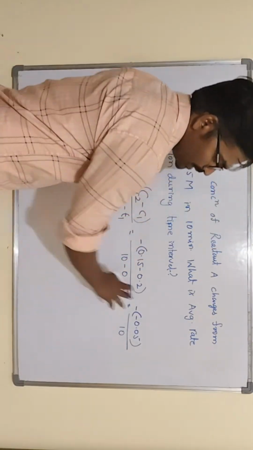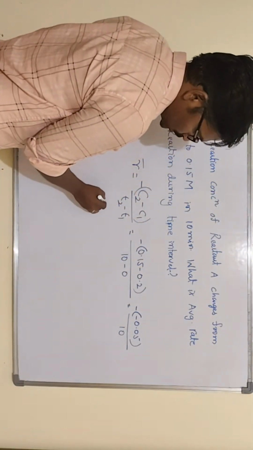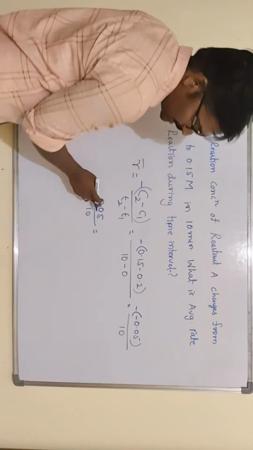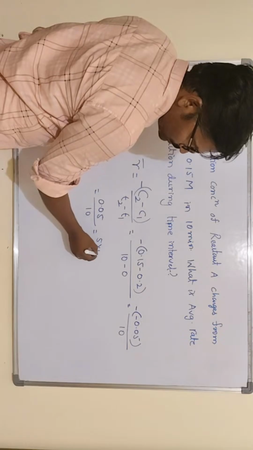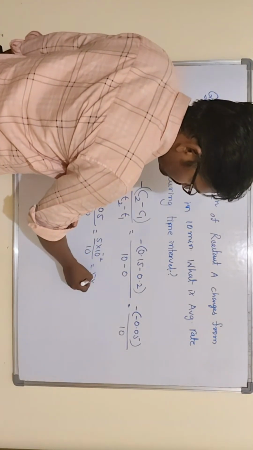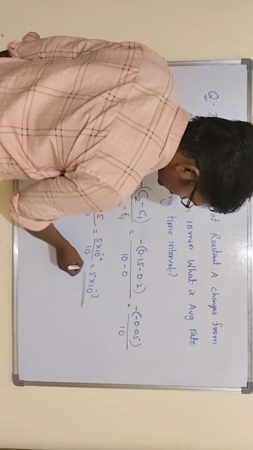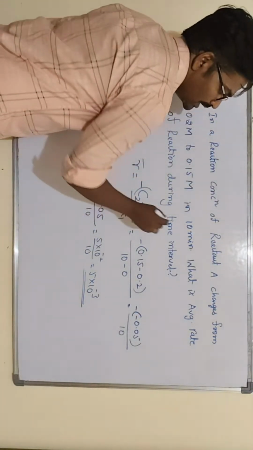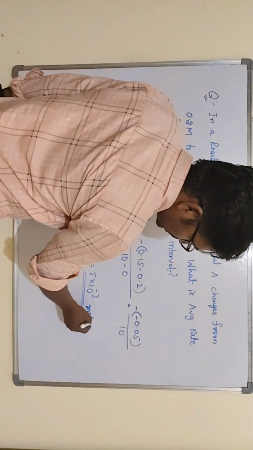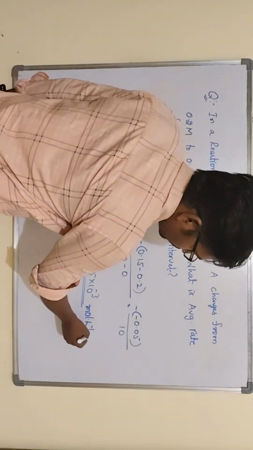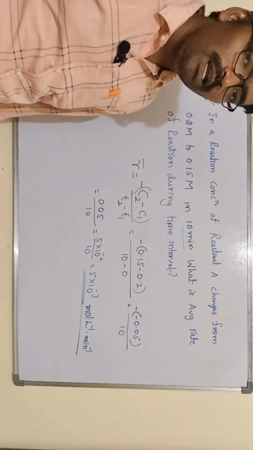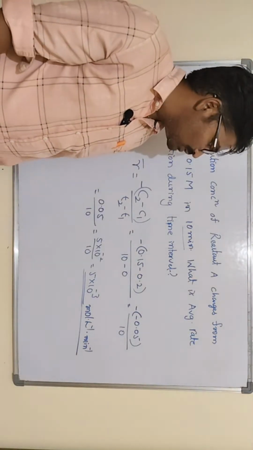Minus of minus is plus, so 0.05 divided by 10, that is 5 into 10 to the power of minus 3. The time is in minutes, right? So what units do you take? Concentration is mole per liter, then minute inverse. If time is in minutes, take minute inverse; if time is in seconds, take second inverse.